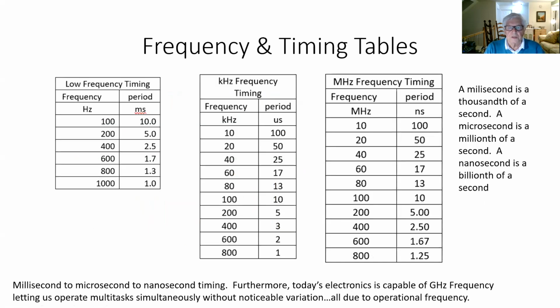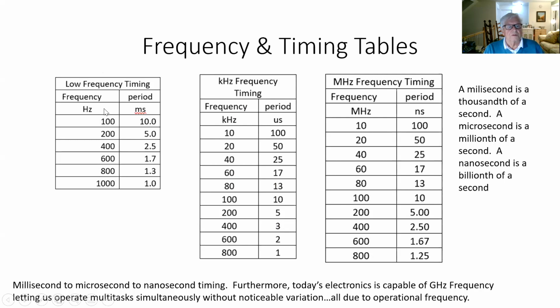So it's interesting to take a look at, and it's good to have at hand a frequency and timing table. So we can look at low frequency, middle frequency, and high frequency.